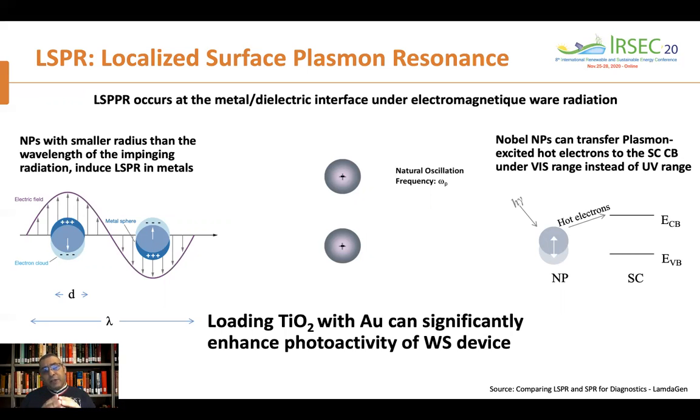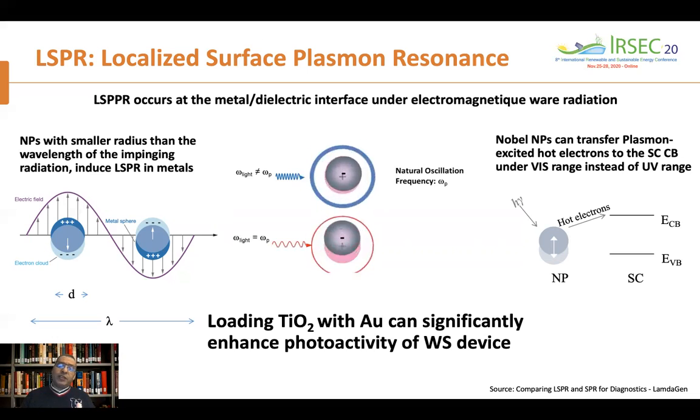But now if the size of the metal particles is below the wavelength of the impinging light, the particles of metal will oscillate. And depending on the frequency of the oscillation, we will have either random oscillation or a localized surface plasmon resonance, when the frequency of the particle and the light match.